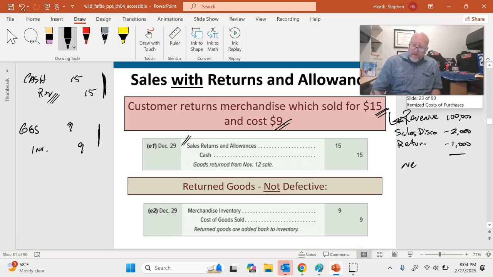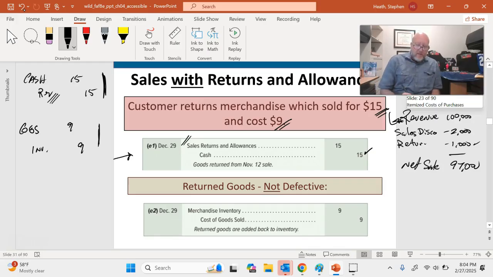My net sales would be 97,000, right? So sales returns is going to lower my revenue. And so I'm going to give the customer back their cash. And so I'm going to credit cash.